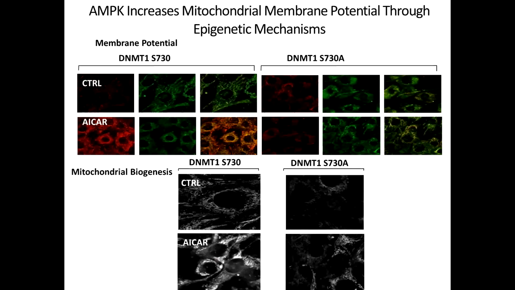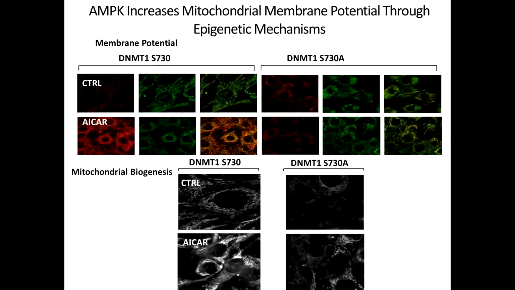So I need to repeat that because I messed it up a little bit. DNMT1, DNA methyltransferase, puts methyl groups on the promoters to decrease their transcription. We wanted to say that AMPK would phosphorylate DNMT1 to inhibit it from doing that, meaning that the promoters then would have less methyl groups and would be transcribed. We looked at the genes specific for mitochondrial membrane potential function, like the UCPs, and mitochondrial biogenesis.